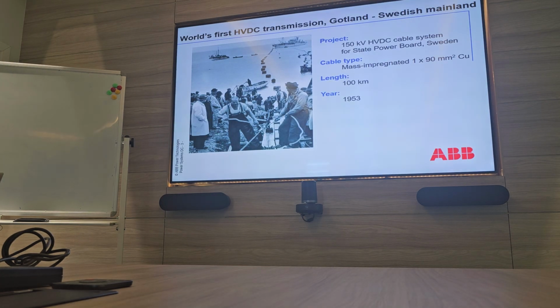This is the first project between Gotland and the Swedish mainland. The voltage level is 150 kV, using HVDC cable system, and the length is 100 kilometers. So the energization year is 1953. This is just for information purposes.